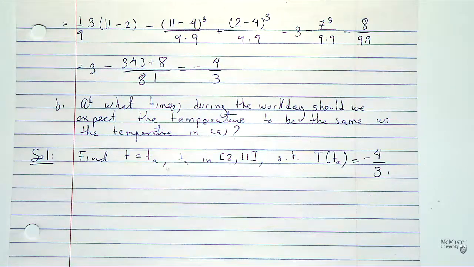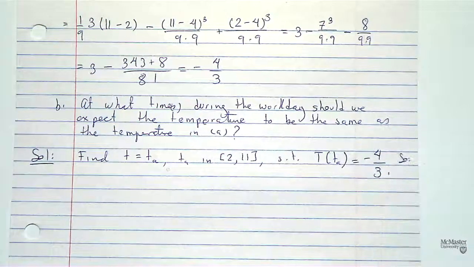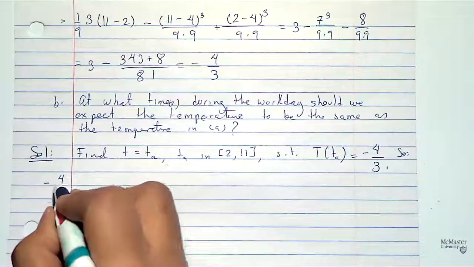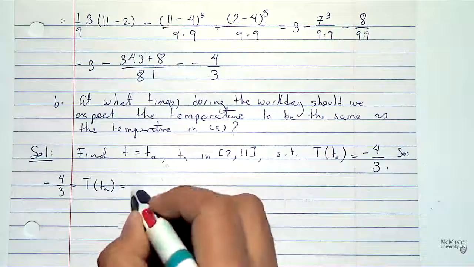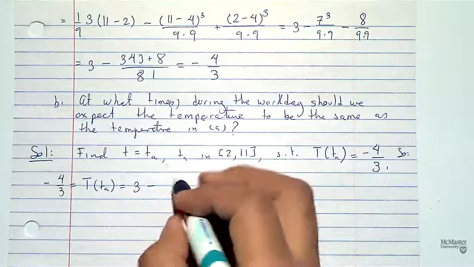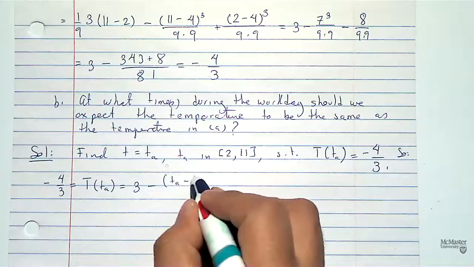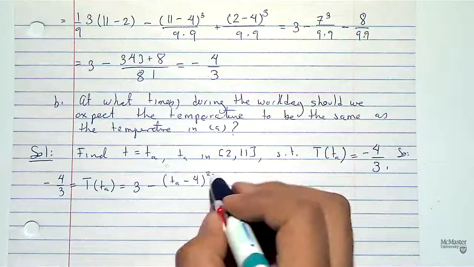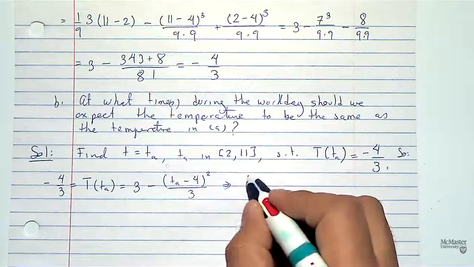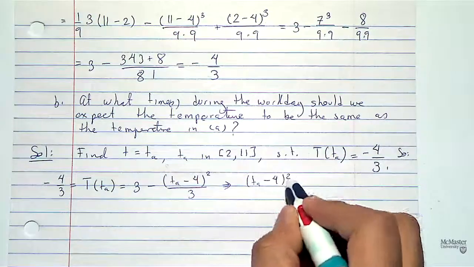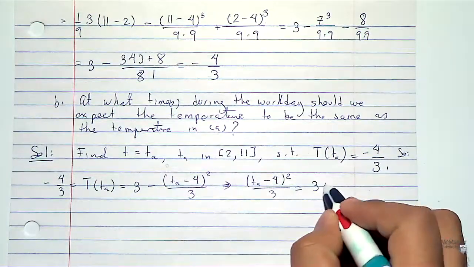So in this case, what you have is minus 4/3 equal to the temperature as a function of the time, and I plug in the value of TA in the function, which I want to discover. Then 3 minus (TA minus 4) squared divided by 3, so you will solve the quadratic equation. (TA minus 4) squared divided by 3 equal to 3 plus 4/3.